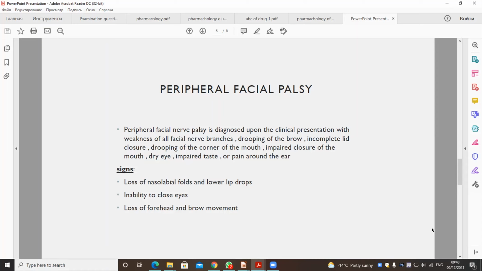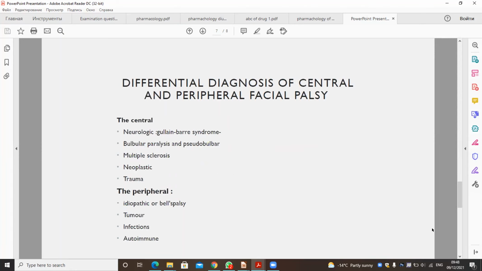So we can recognize it by its signs: loss of nasolabial folds, lower lip drop, inability to close the eyes, and loss of forehead and brow movement. This is the difference between it and central facial paralysis.